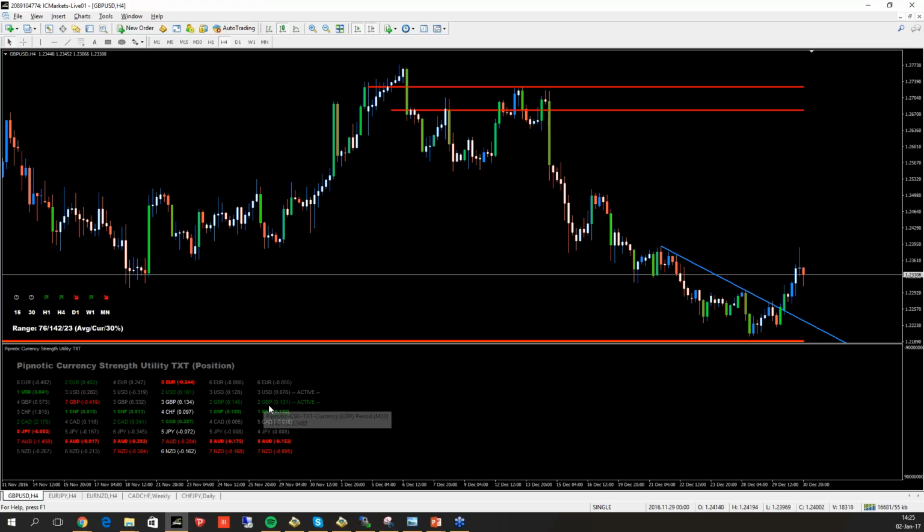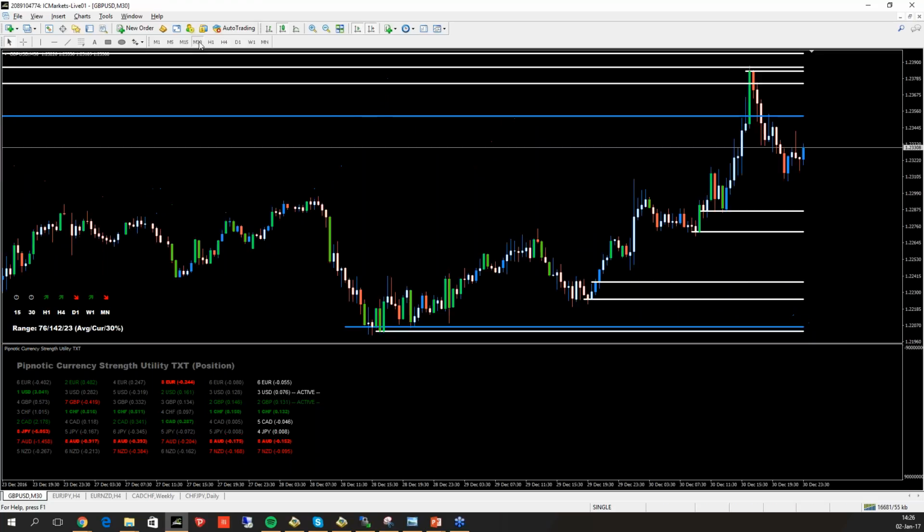And you can see here that there's a number 2 next to the GBP, and we have a number 3 on the USD. What does this mean? Well, this tells us that the British pound is the second strongest currency out of these 8 for this time frame. And this time frame is the 30-minute chart.